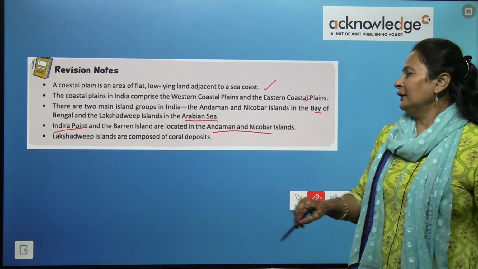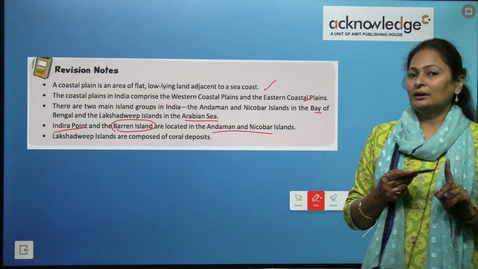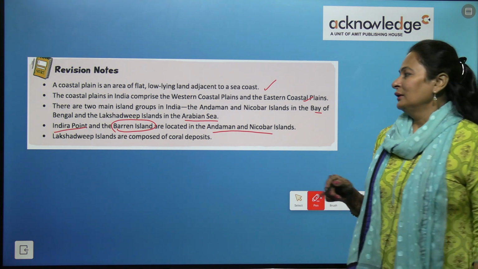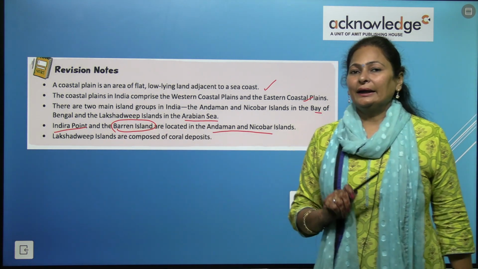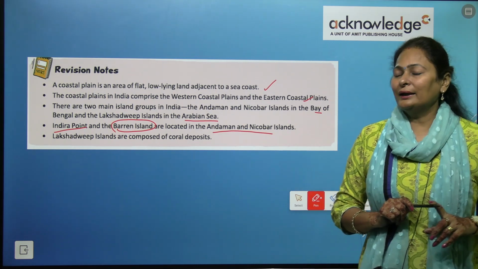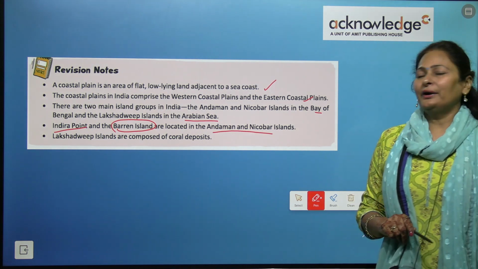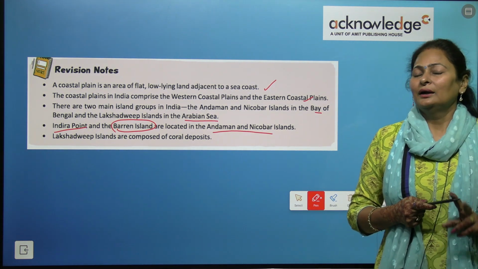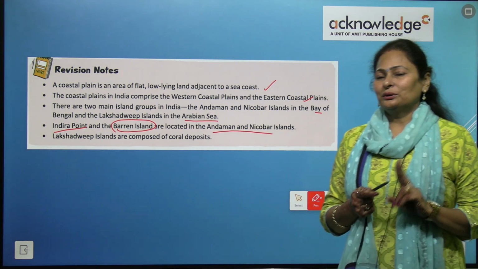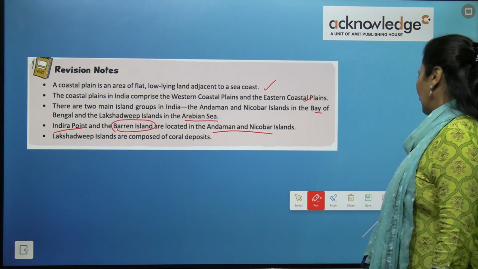And Barren Island is where we have seen the picture of the active volcano. So Barren Island and Indira Point are part of Andaman and Nicobar Islands. Lakshadweep Islands are formed of coral deposits, right? Coral, I told you, is a microorganism that secretes calcium carbonate.